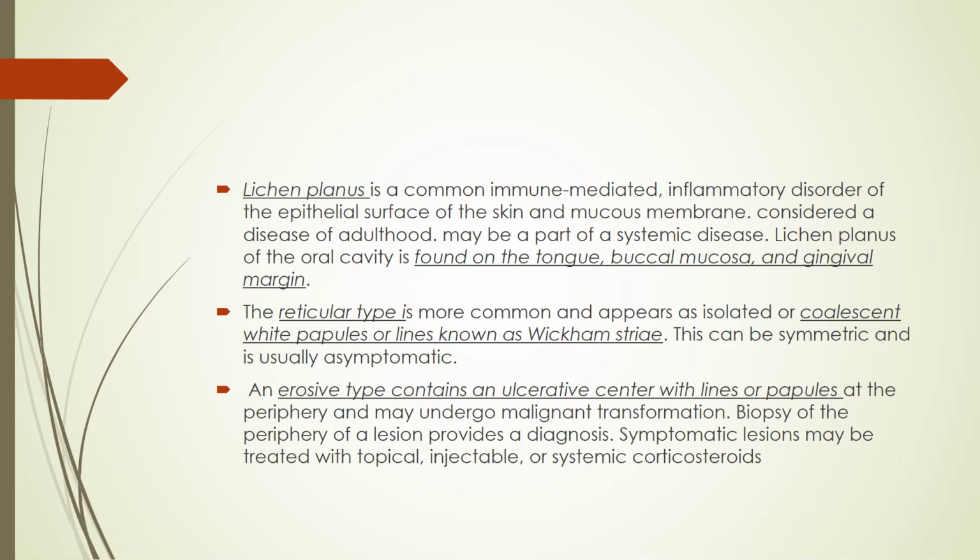Now, lichen planus is a common immune-mediated inflammatory disorder of the epithelial surface of the skin and the mucous membrane. It's usually considered a disease of adulthood and may be part of a systemic disease. Lichen planus of the oral cavity is usually found on the tongue, buccal mucosa, and gingival margins.